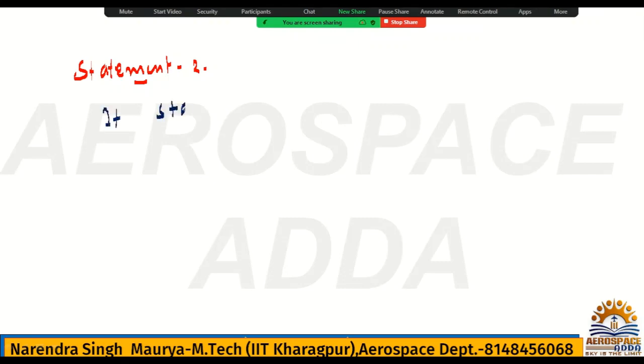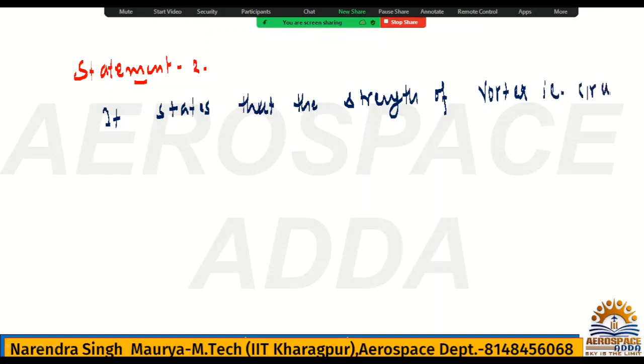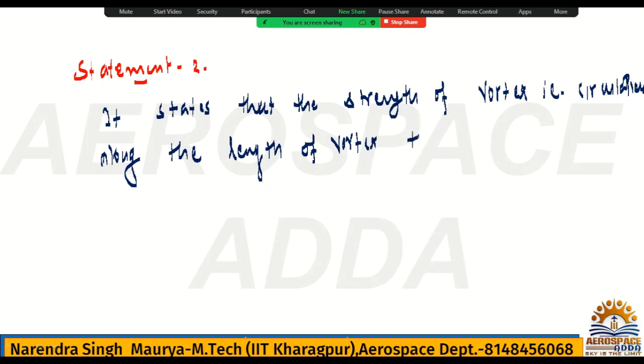It states that the strength of vortex, that is circulation, along the length of vortex tube is constant. Okay, this is the second statement.